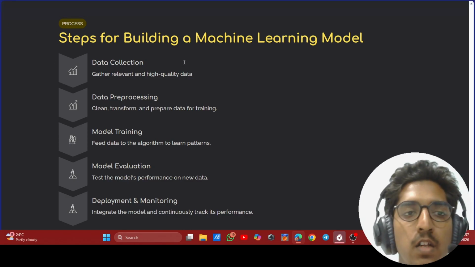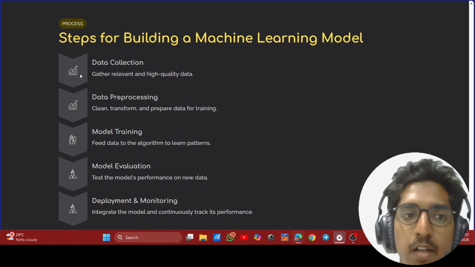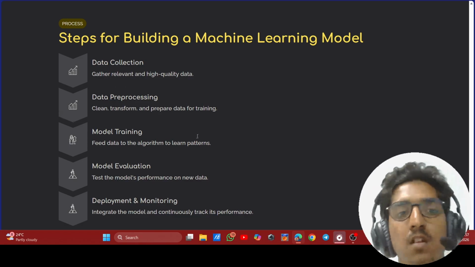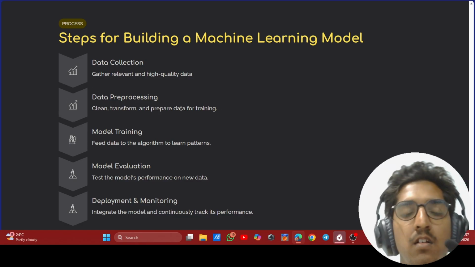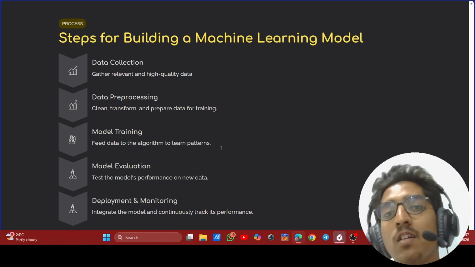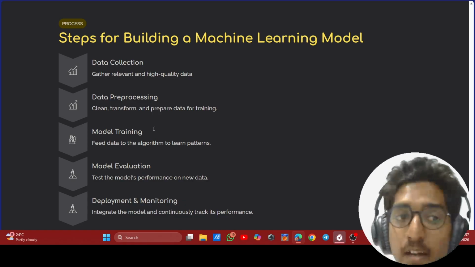I'll just revise one more time. The first step is data collection, in which the data is collected. The second step is data pre-processing, in which the data is cleaned. The third step is model training, which means the model is trained on clean data.